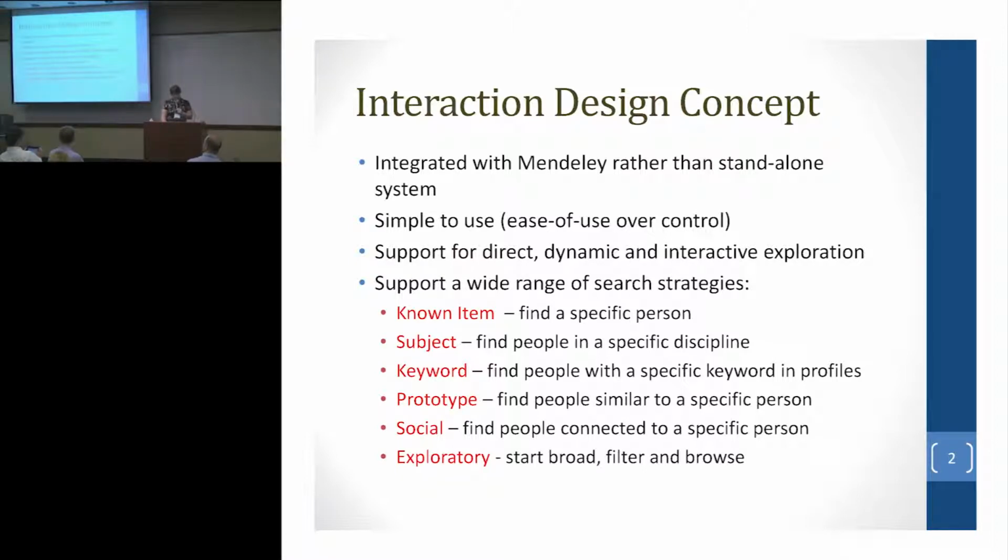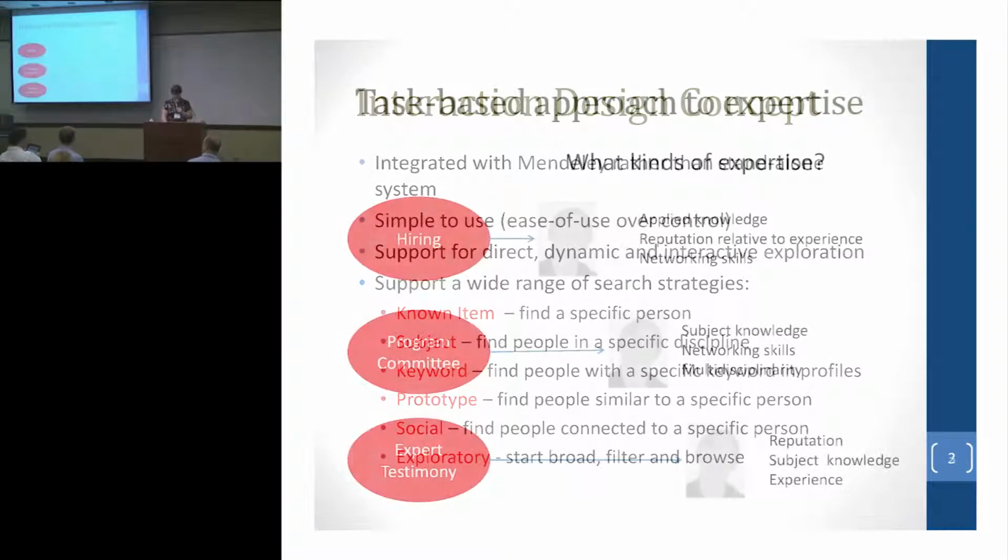Also prototype search, so the ability to find people similar to a given person that you've identified. And social search, which is a variation on that, so you can find people connected to a particular person that you're interested in. And then just straight up exploration to start with a broad set of profiles and then filter and browse through that set of profiles.